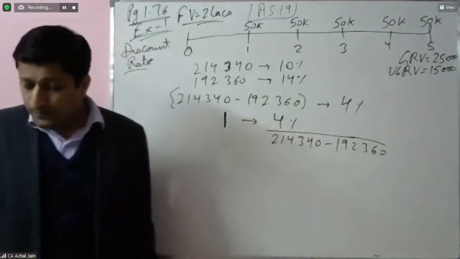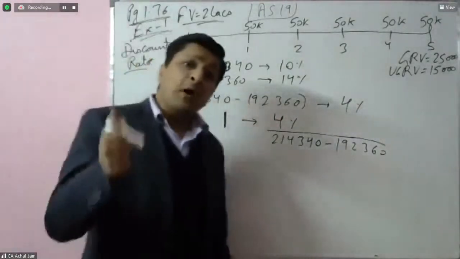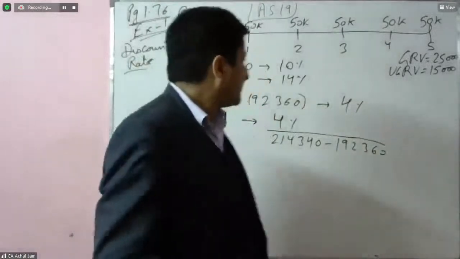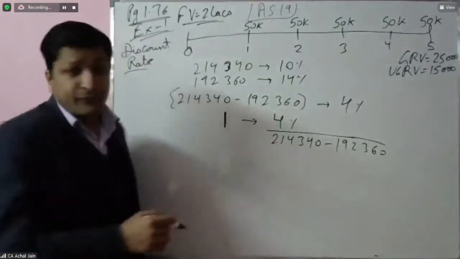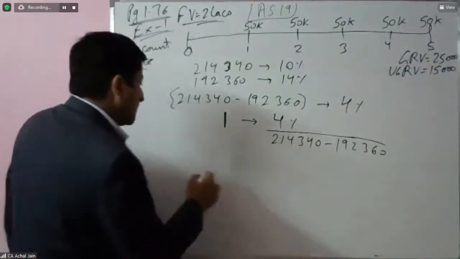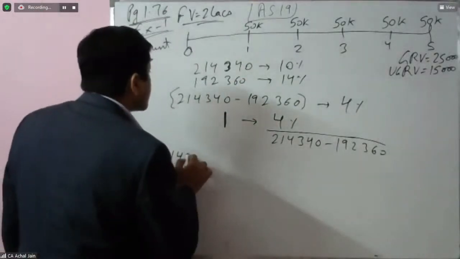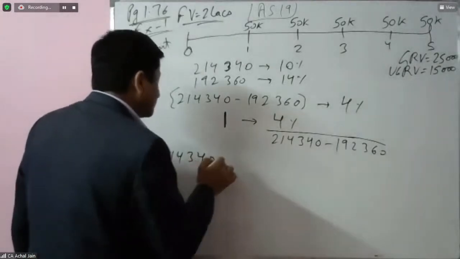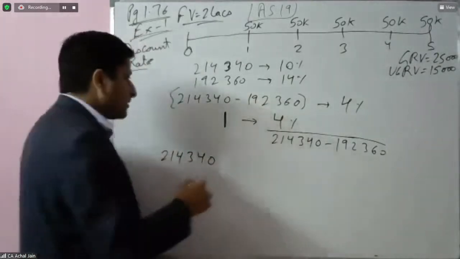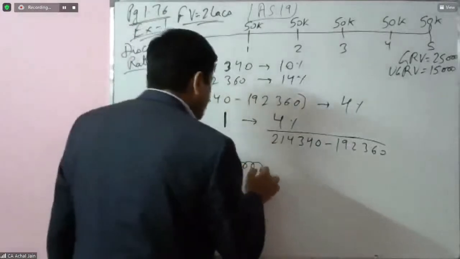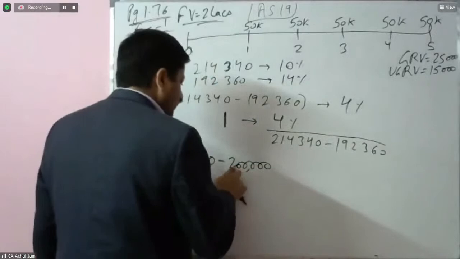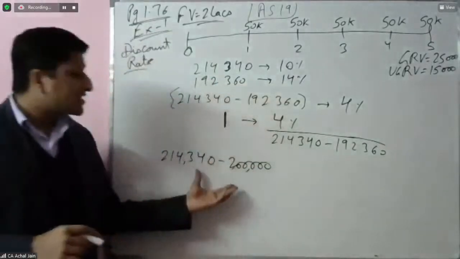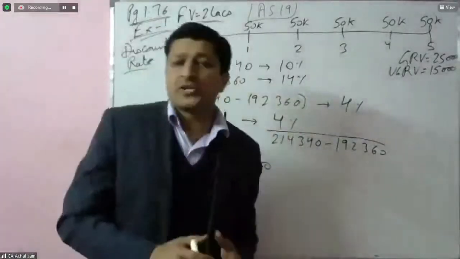Now, what is the amount of change that we need? If we take this as the base, the amount that we need to change is 214,340 minus 2 lakh. So this is the amount by which we need the reduction.